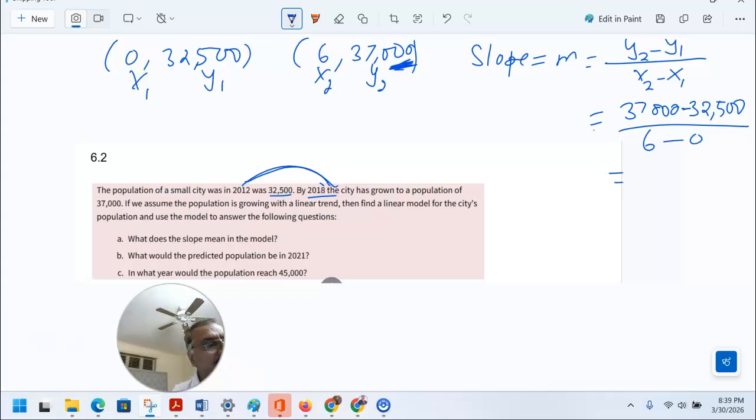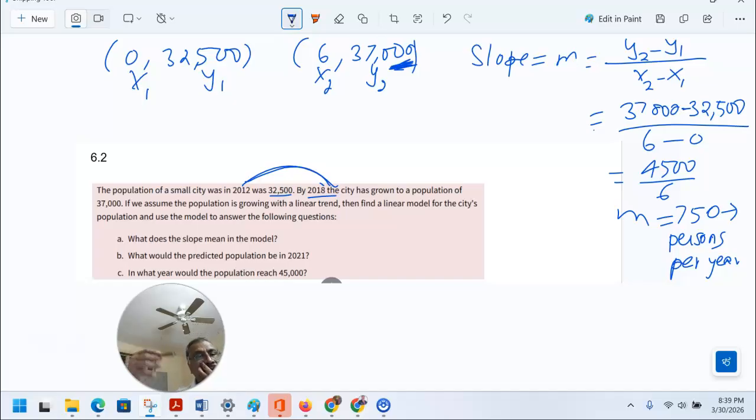If you subtract this, you get 4,500 divided by 6. And your slope is 750 persons per year. It means each year the population gets increased by 750. You're adding 750 more each year.